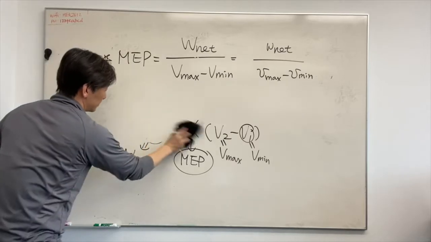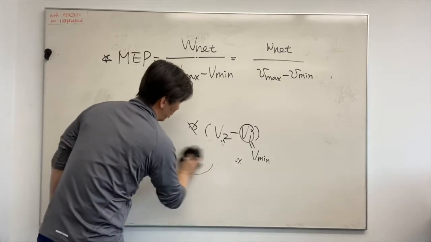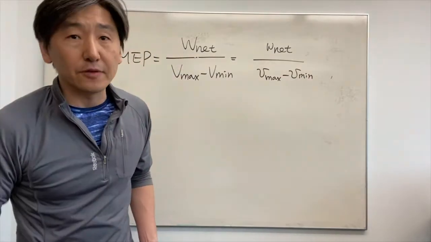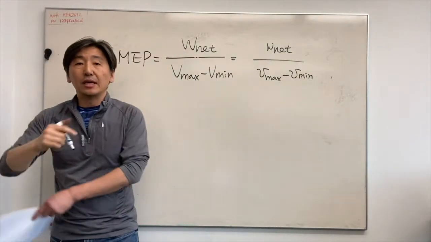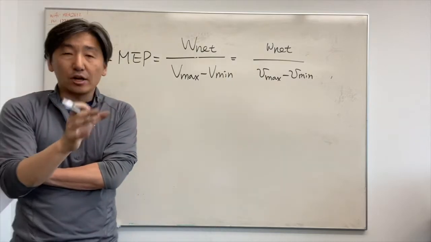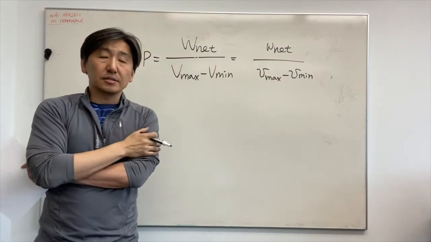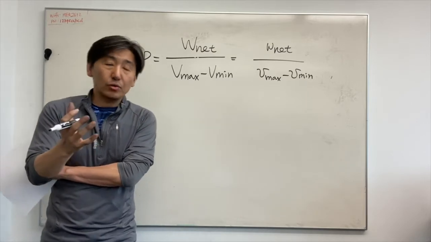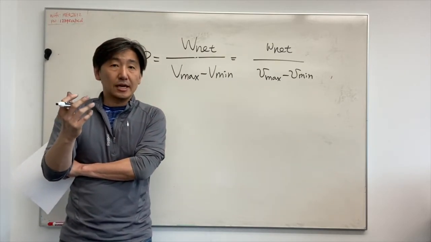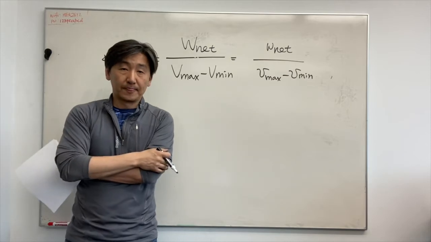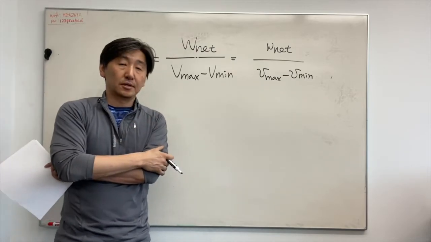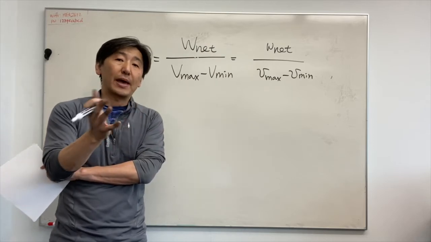Now, why is that important? Why do many car manufacturers love to use MEP instead of the net amount of work? Because if you think about two engines, one engine is really huge, like a pickup truck, and the other engine is quite small for compact cars. Then you want to compare which one is better.